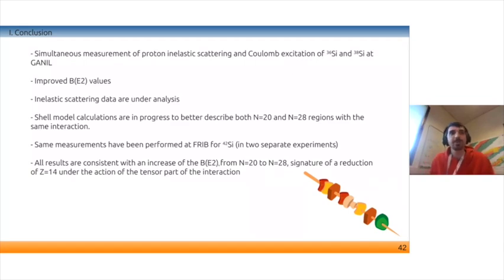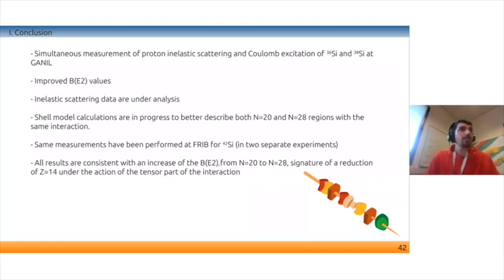Of course, the same measurements were performed at IJCLab for silicon 42, where they measured one time the proton inelastic scattering and another time the Coulomb excitation. We can also deduce that the BE2s are really consistent, and that's also a signature of the reduction of the Z equal 14 gap under the action of the tensor part of the interactions.